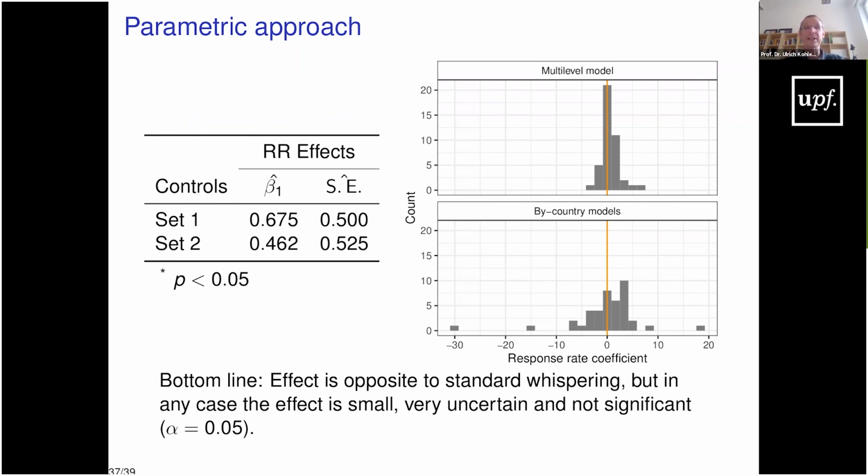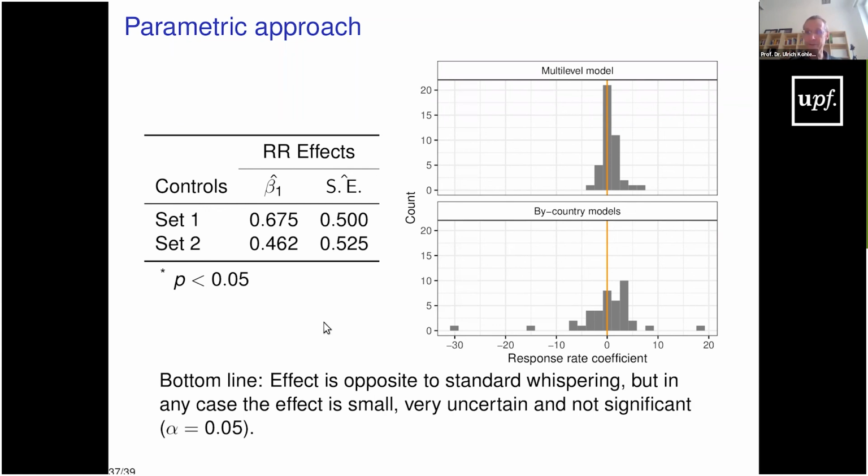So we see a positive effect, which is in the opposite direction. So we should expect a negative effect: the higher the response rate, the lower should be the unit non-response bias. The higher the non-response, the higher should be the unit non-response bias. So I don't get my words right. What we expect is a negative effect, but we see a positive effect here.